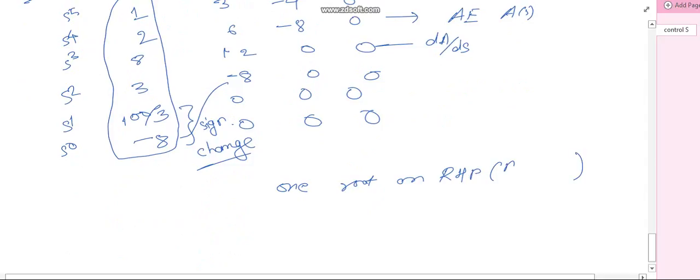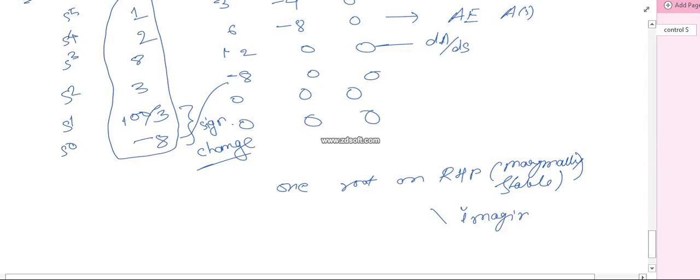However, system is marginally stable, and why, I have explained, because we have roots on the imaginary axis, that is why the system is unstable.